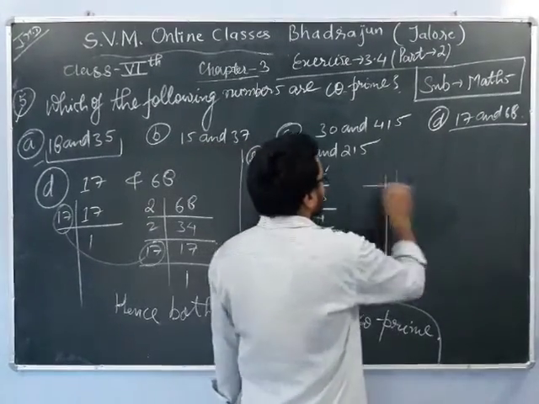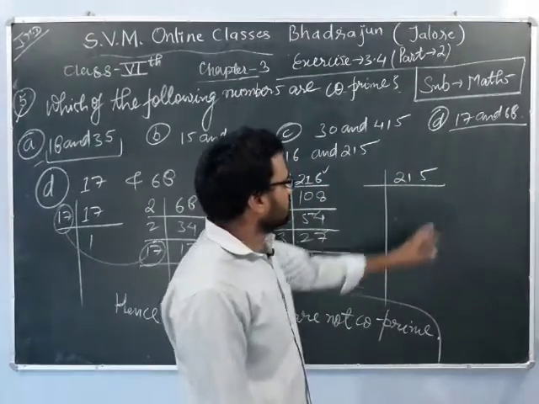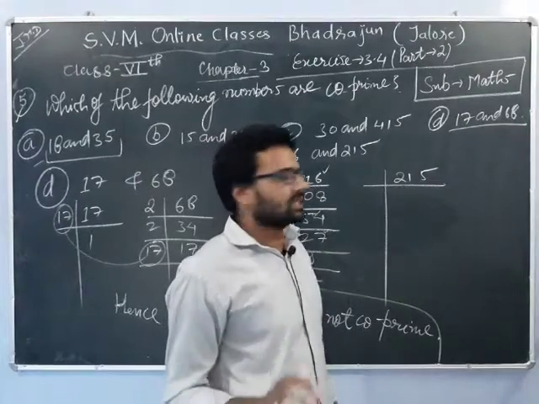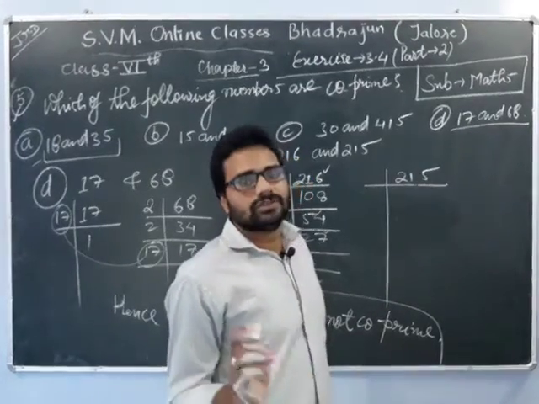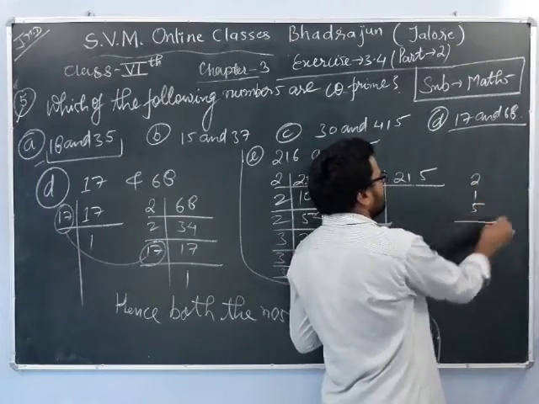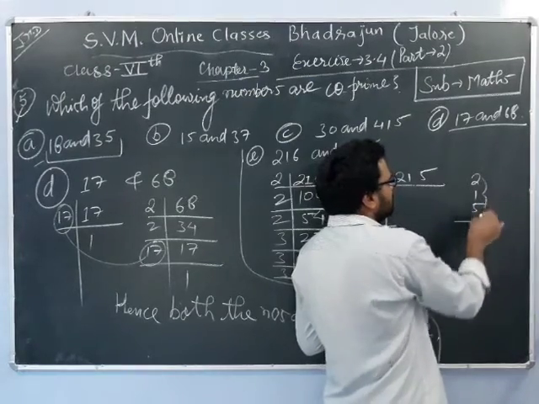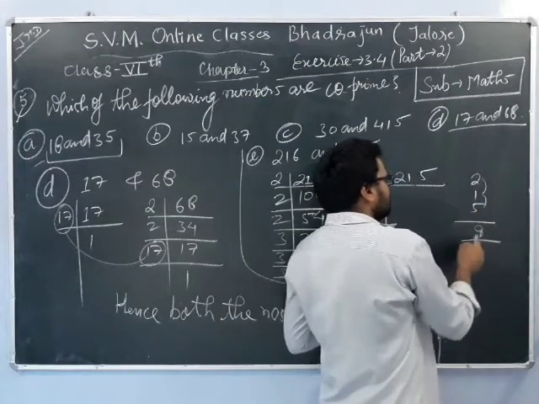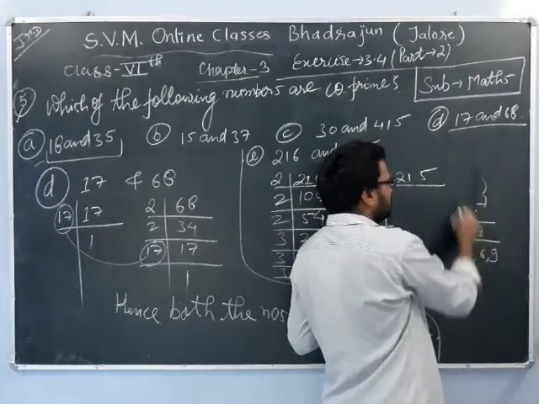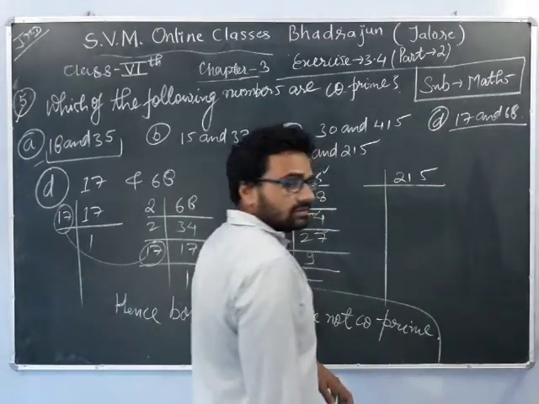Okay, now we will factorize 215. Here we are seeing the unit place digit is not 0, 2, 4, 6, 8, hence this number will not be divisible by 2. Now we will check for 3, so we will add all the digits. 2 and 1 is 3, 3 and 5 is 8, hence this sum is not 3, 6, 9, hence this number will not be divisible by 3 either. Now we will go for 5.